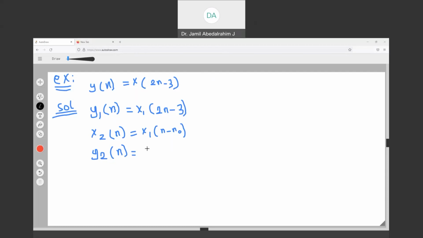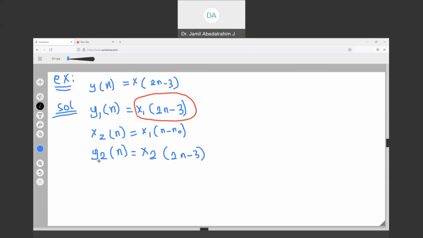That means y2 of n will be equal to x2 of 2n minus 3.